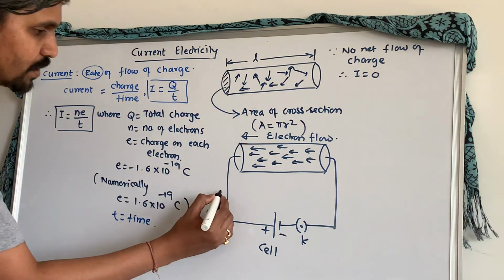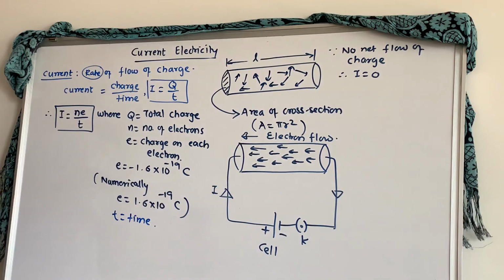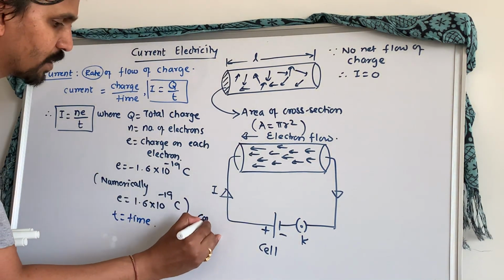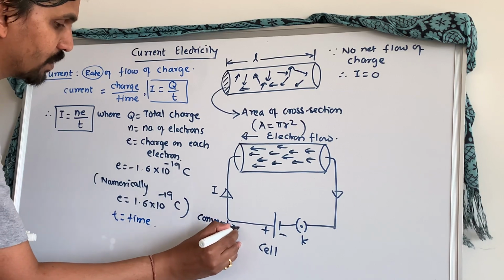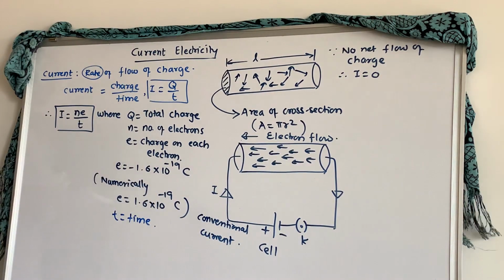And here will be the conventional current I, which is from positive terminal towards negative. After this, when I say current, it is always conventional current, from the positive terminal of the battery towards negative.